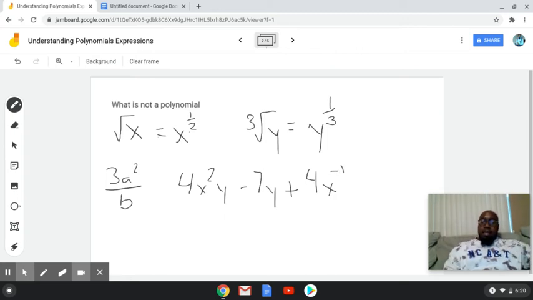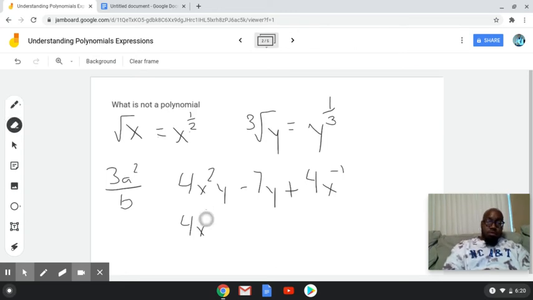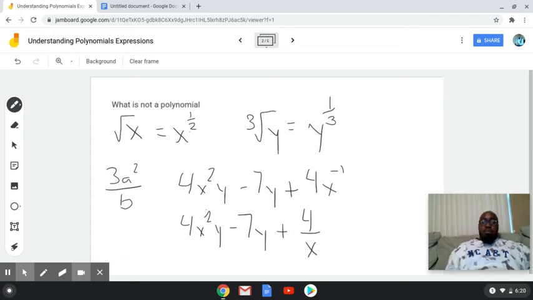The fact that the exponent is negative means that if we use our negative exponent property, we could rewrite this expression as 4x squared y minus 7y plus 4 over x. And again, anytime we have a polynomial, we don't have variables in the denominator. So this is what I mean when I say denominator form.